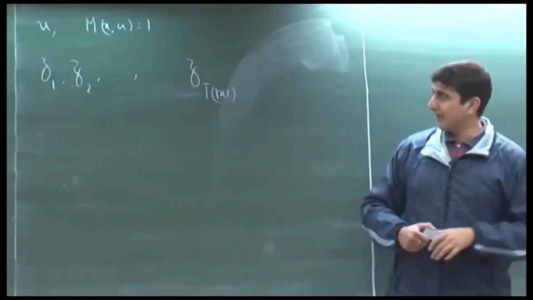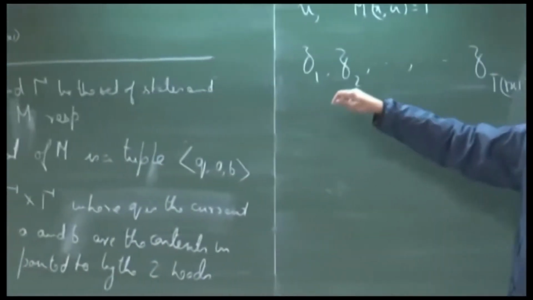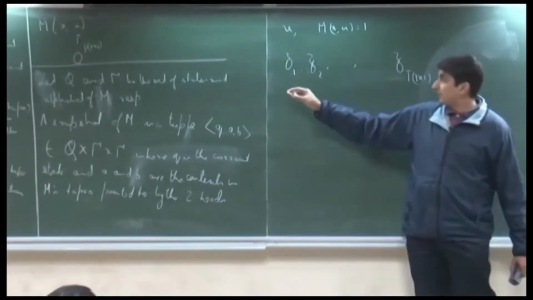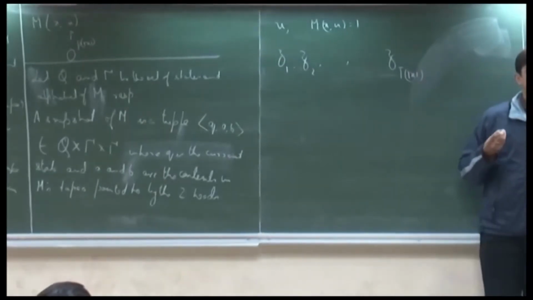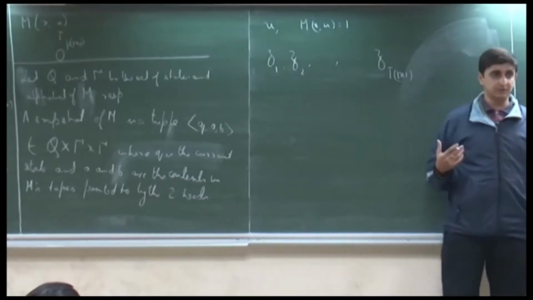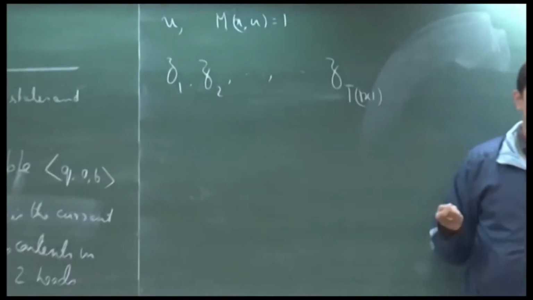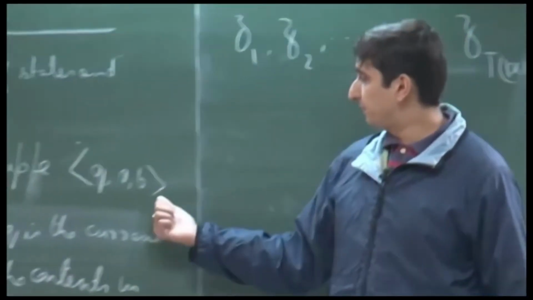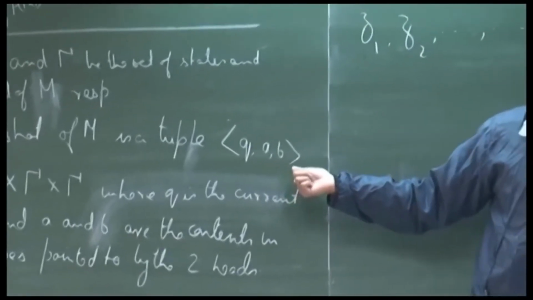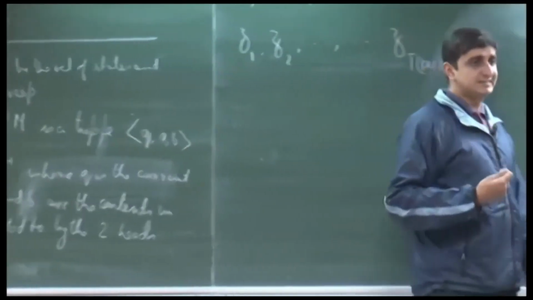Okay. And there is one more thing that needs to be pointed out here, which is that since M is a deterministic Turing machine, only a constant number of bits get modified in each of the snapshots of M. Suppose you want to go from a particular Zi to Zi plus 1, maybe you make a change of position in the input tape, maybe you make a change of position in the work tape, and maybe there is a change of state.